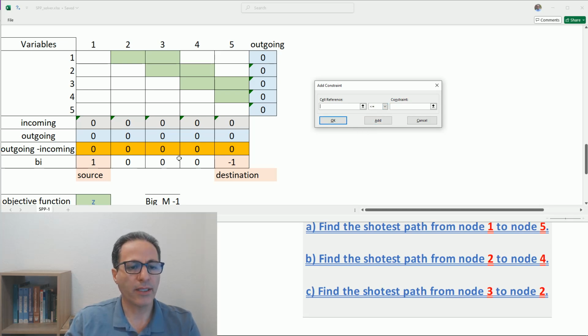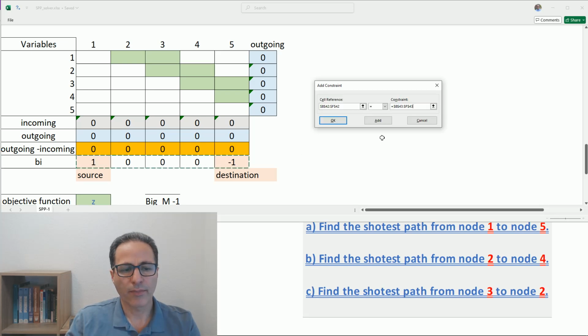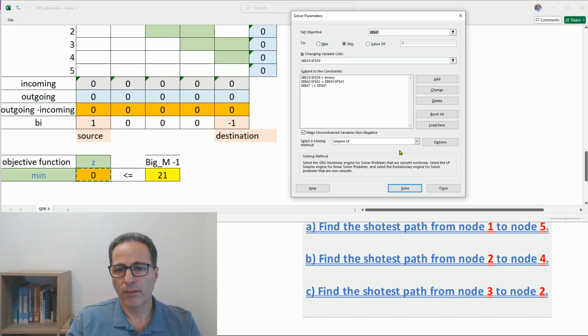Another constraint: this outgoing minus incoming vector must be exactly the values on the vertices, or BIs. Anything else? We have one more condition to add, and it is that the objective must be less than or equal to big M minus 1. And that's all. We solve with the simplex method. Select simplex. And again, we have this non-negativity.